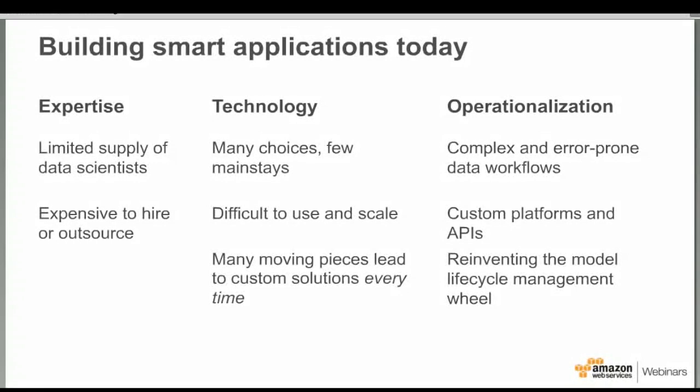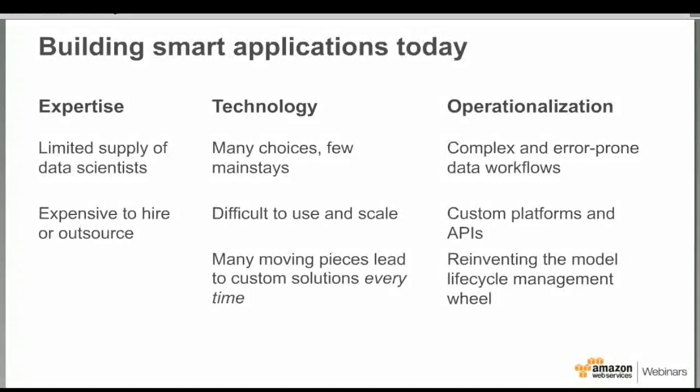And in addition to just getting the predictions, there is all this work that needs to be done on things like data pipeline automation, model lifecycle management, updating and retiring models as they're deployed, and so on. This is a lot of work. And to add insult to injury, it's a lot of work that gets repeated every single time you build a machine learning application, because each one ends up being a little different, and you need a slightly custom solution every time.